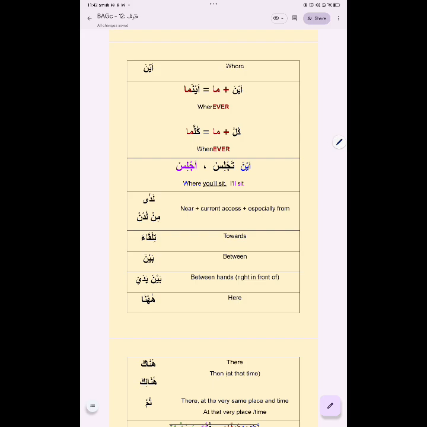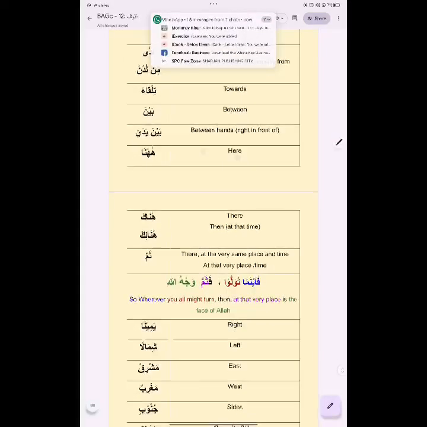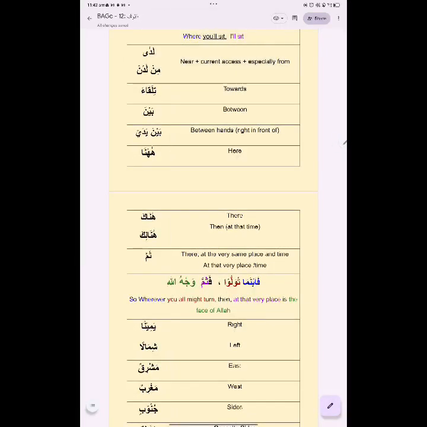Then you've got ladun and min ladun. It means near, something which is near, something that you have access to right at this moment. It also means especially from.